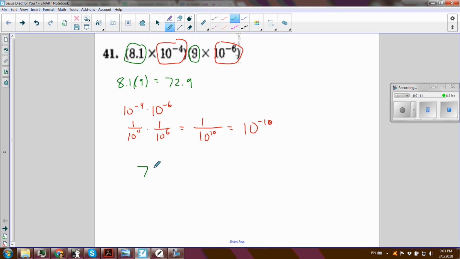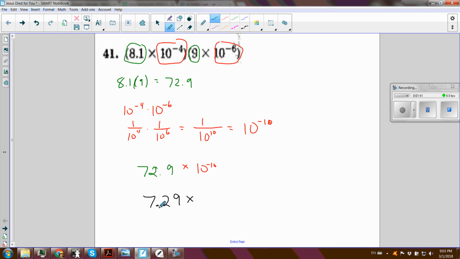So we have 72.9 times 10 to the negative 10th. But we've got to convert that to scientific notation. So it's going to be 7.29 times, well, this number here has the decimal getting moved 10 times to the left.